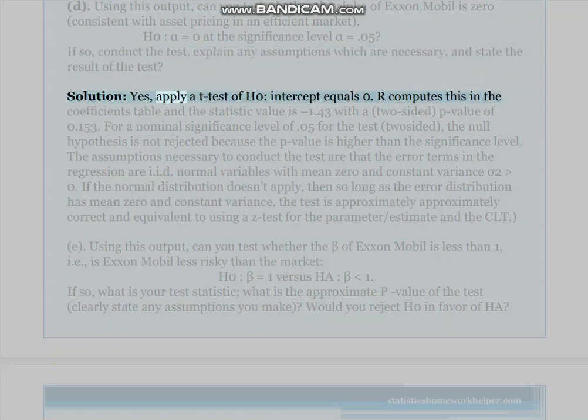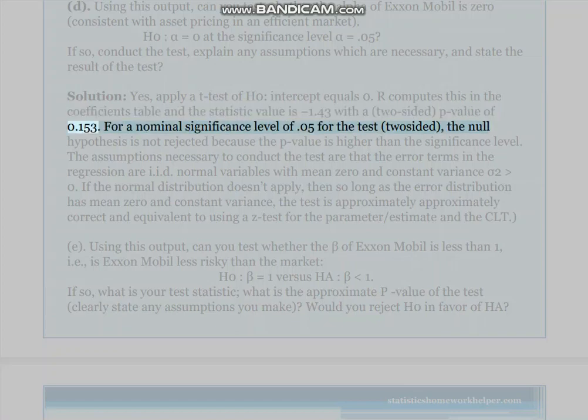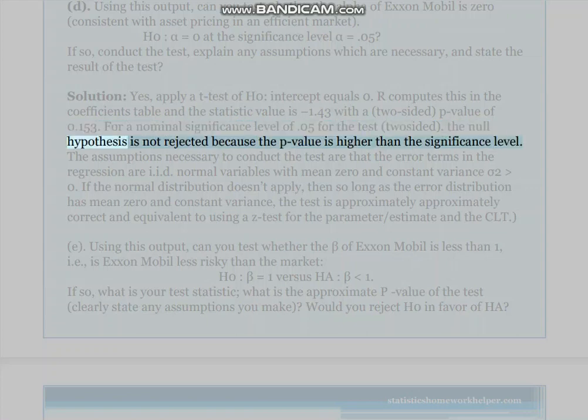Solution. Yes, apply a t-test of H0: intercept equals 0. R computes this in the coefficients table and the statistic value is minus 1.43 with a two-sided p-value of 0.153. For a nominal significance level of 0.05 for the test, two-sided, the null hypothesis is not rejected because the p-value is higher than the significance level.